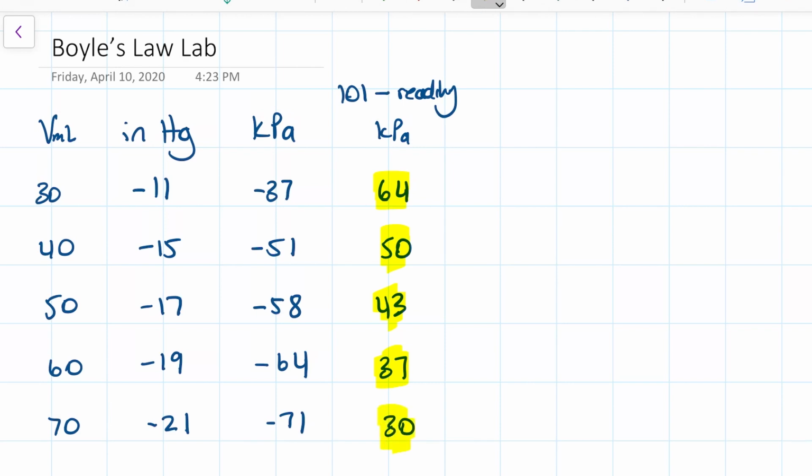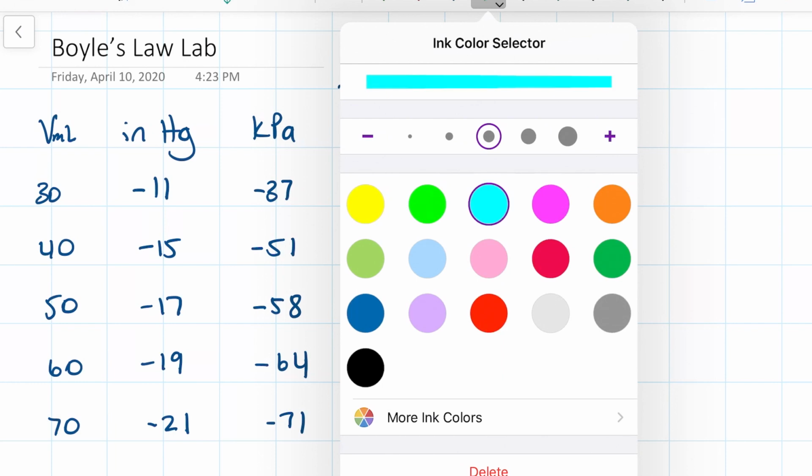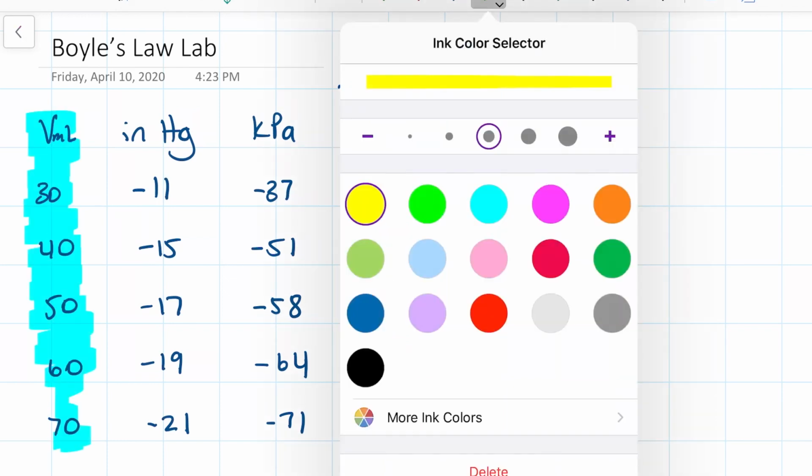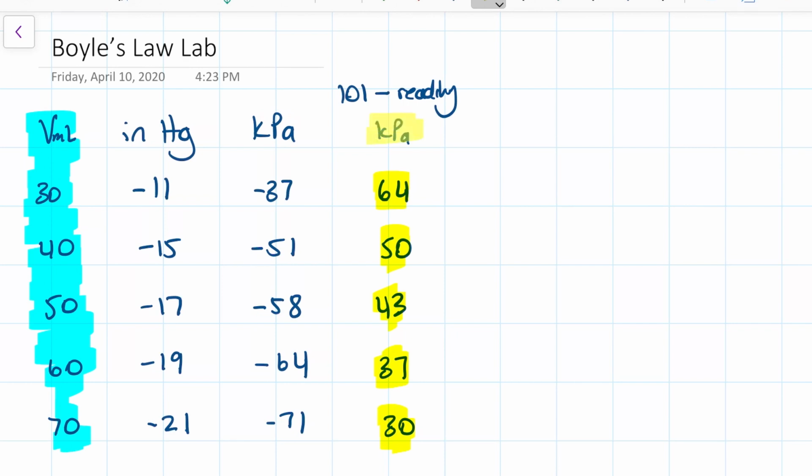So now I have two columns of data, and these are the two columns of data that I'm interested in. The volume that was in the graduated cylinder combined with the actual pressure that was inside the bell jar of the vacuum pump.